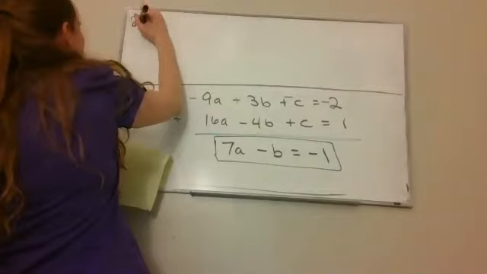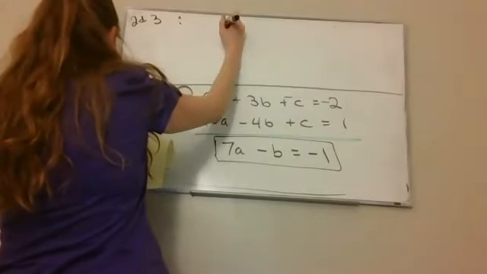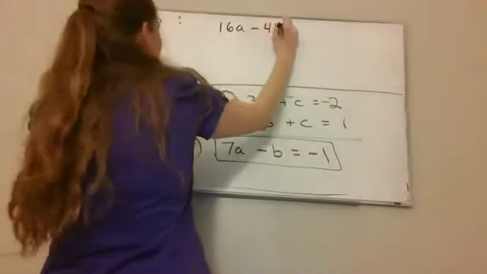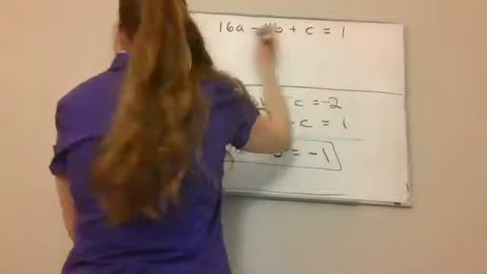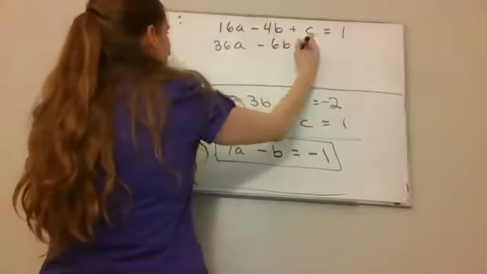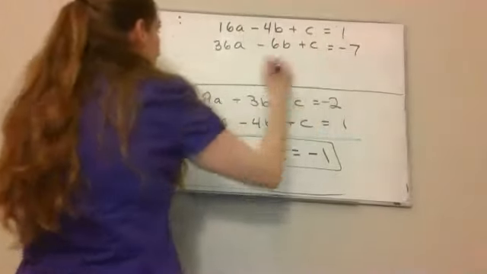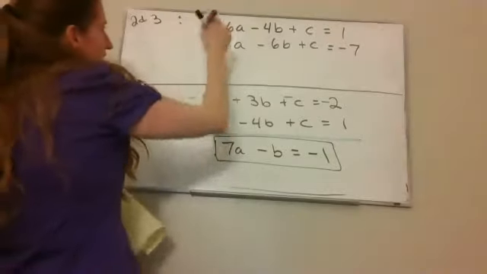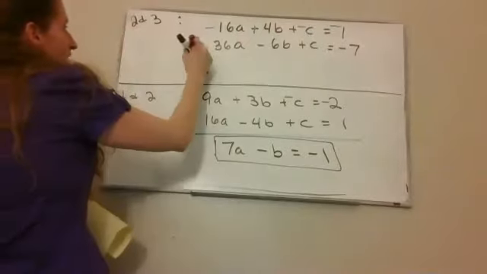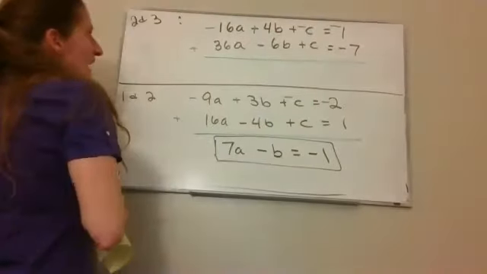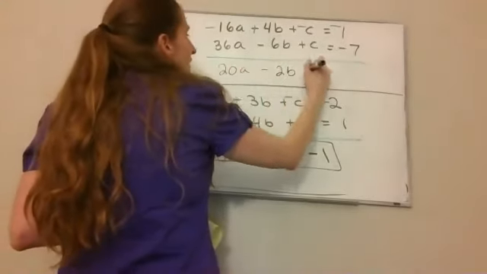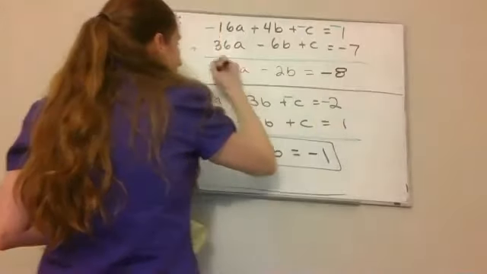So using equations 2 and 3, equation 2 was 16a minus 4b plus c equals 1, and equation 3 was 36a minus 6b plus c equals -7. And again, I'm going to multiply the top equation by -1 and add the equations together. That will give me 20a minus 2b equals -8.